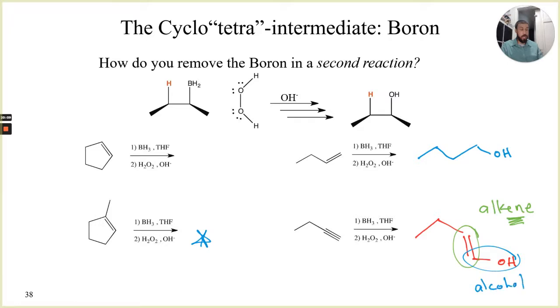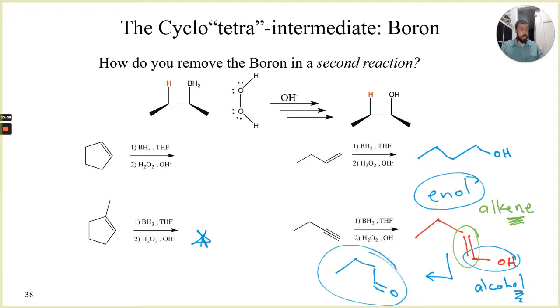Those two functional groups have gotten so close to each other that they have become a new functional group, and we end with an enol. The enol tautomerizes very quickly to the carbonyl structure. This is the keto-enol tautomerization, and we end with an aldehyde. Okay? That chemistry becomes a little bit trickier to deal with.